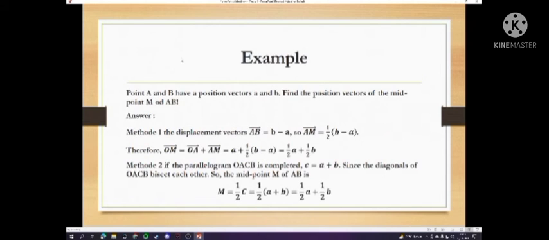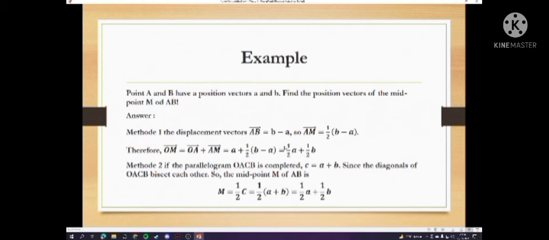For example, points A and B have position vectors a and b. Find the position vector of the midpoint M of AB. Answer is method 1, the displacement vector AB equals b minus a.